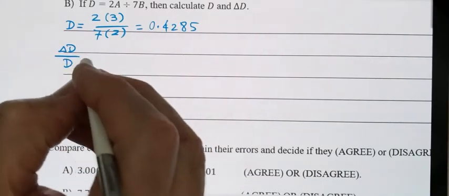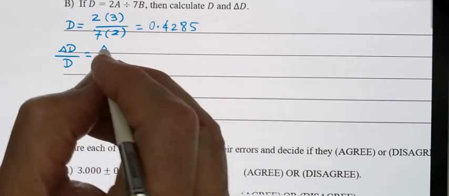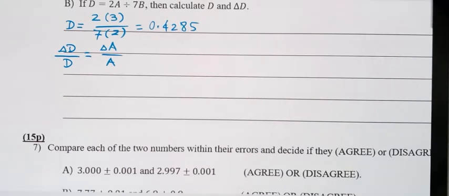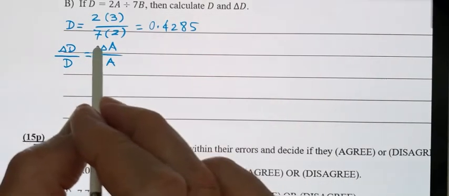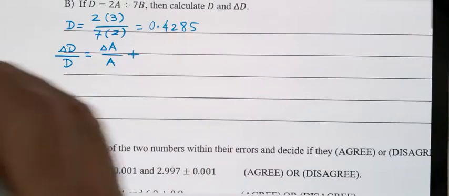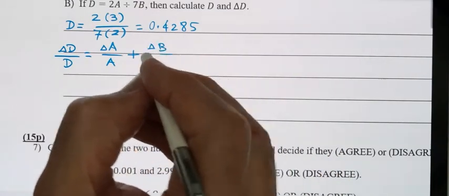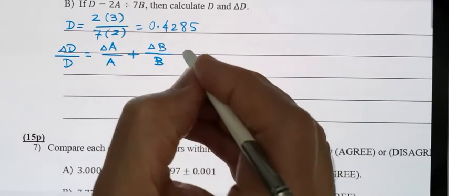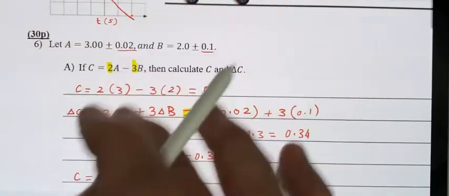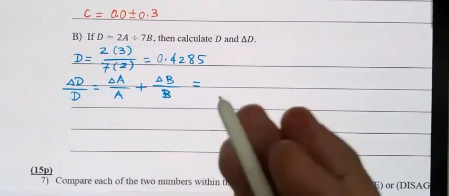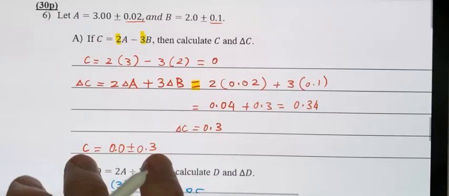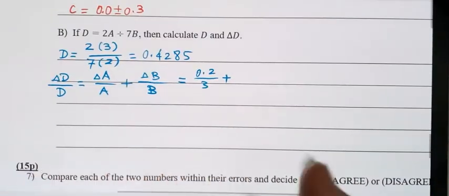Delta D over D is equal to delta A over A. We don't consider the factor. And if we put the factor 2 and 2, they will cancel each other. Plus, division or multiplication, it's always plus delta B over B. So that is equal, so what's delta A? 0.2 divided by 3 plus 0.1 divided by 2.